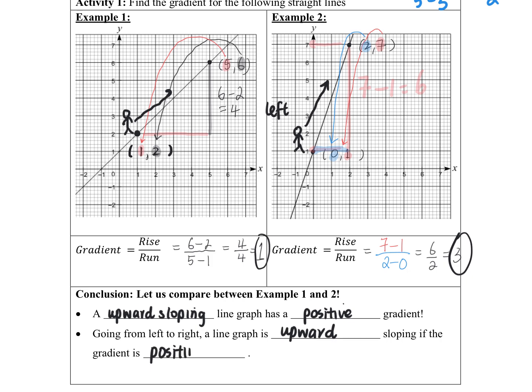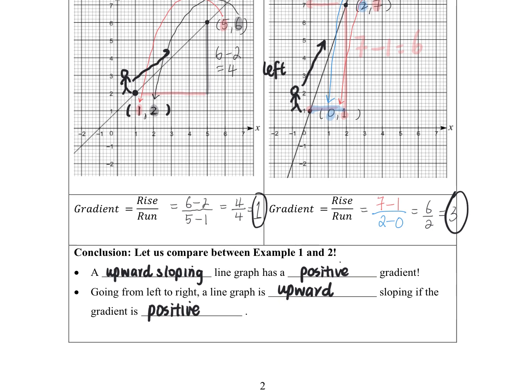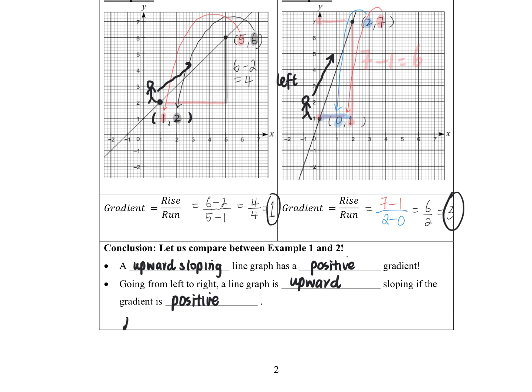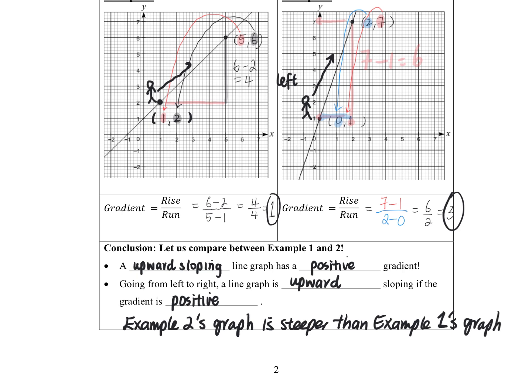Two statements say the same thing, phrased in different ways. So if you want, you can tell me example 2's graph is steeper than example 1's graph, since it has a larger gradient.